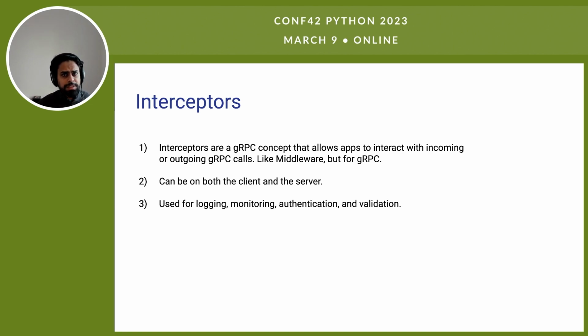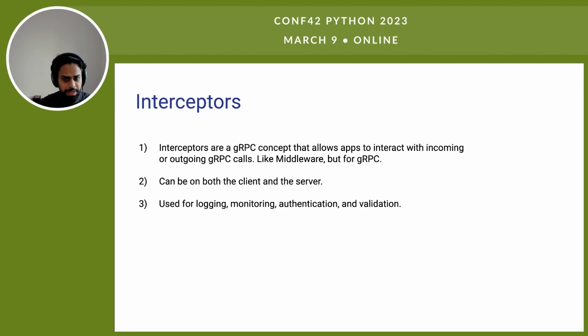You could think of this as middleware, but for gRPC. So just like with middleware, interceptors allow you to intercept the incoming message. They allow you to verify certain aspects or certain metadata on the message. And they allow you to either allow the message through or deny the message.